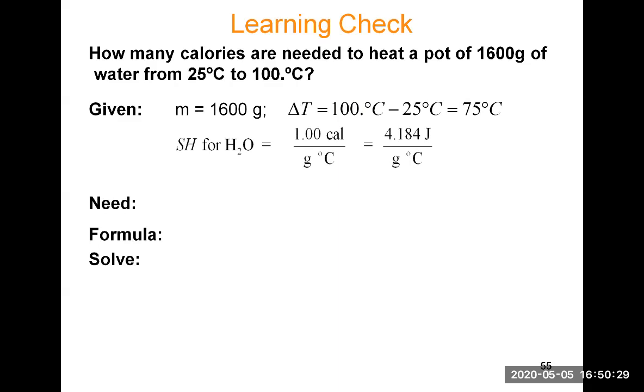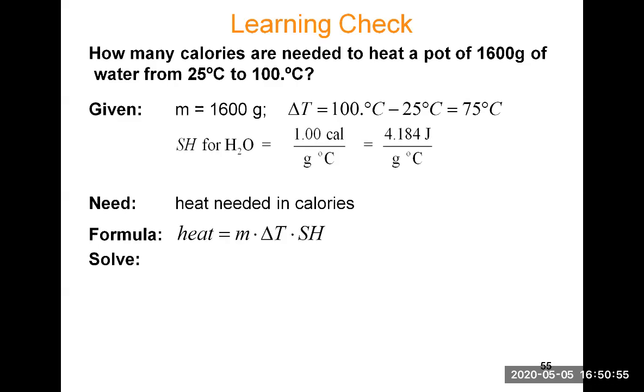So you will use one or the other depending on what is the heat unit that is asked for. And so here what we need is how many calories. So we need the heat in calories. So that tells you you will want to use the specific heat of water that has the unit calorie.